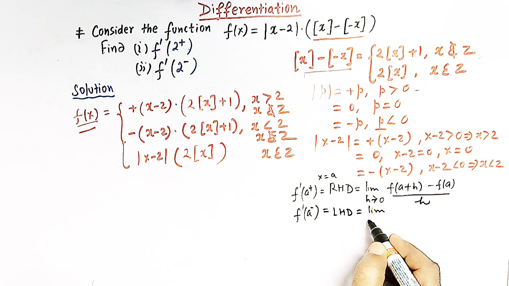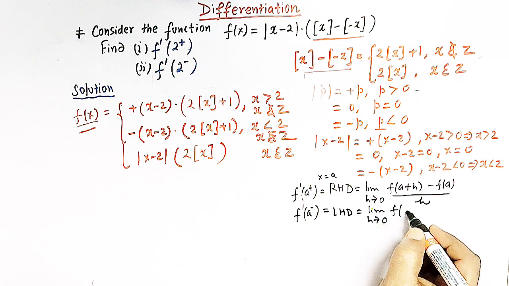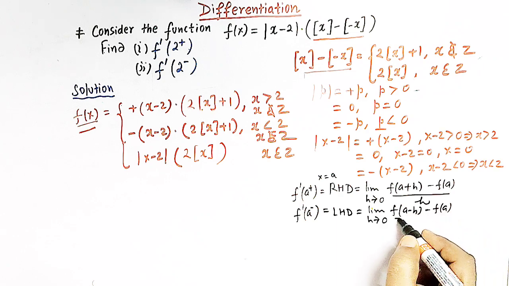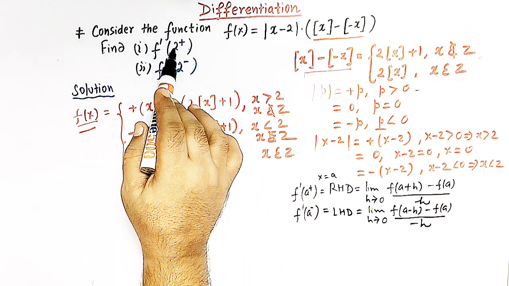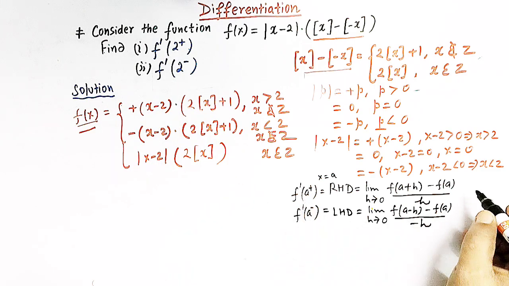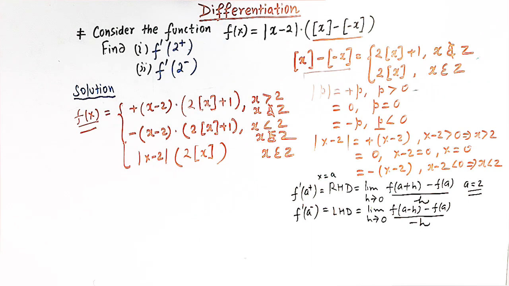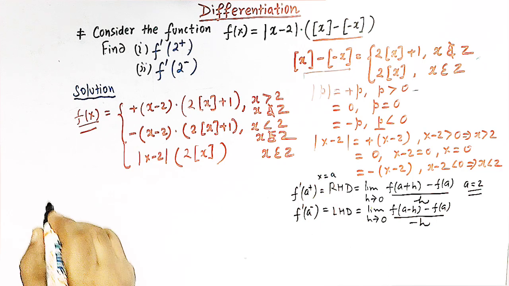So the left hand derivative is defined by this limit, that is f of a minus h minus f of a divided by minus h. So in this case the value of a is equal to 2. So let us first find the right hand derivative.